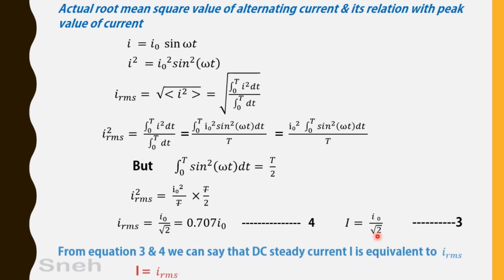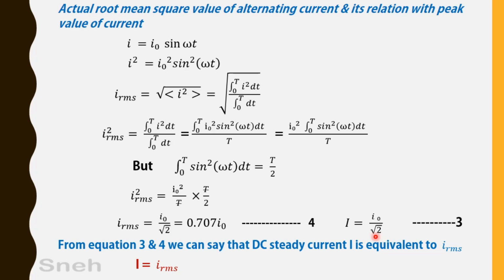And now I equate left hand side of both of these. Left hand side of third equation is I and left hand side of fourth equation is IRMS.